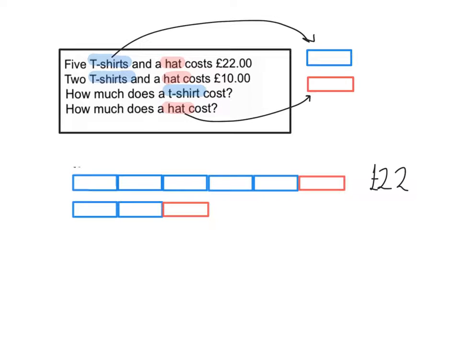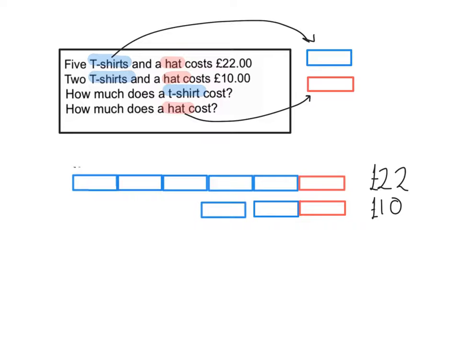And that costs £10. Okay, so we need to be able to compare these. Now you can see that there's actually the same amount of hats in each of those lines. So I'm actually going to move all of these across over to here. And I'm then going to look at the difference between the two lines.